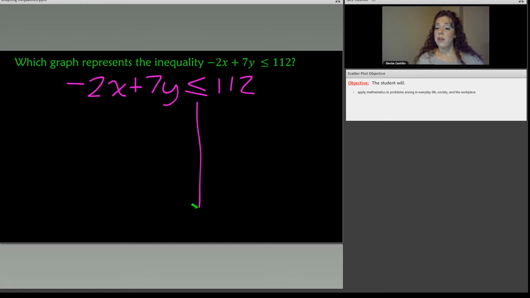Step 1, move all of x over to the right. So we're going to do the opposite of negative. It will be positive.